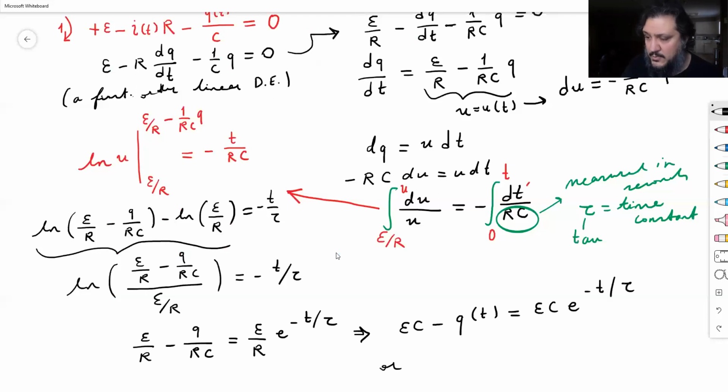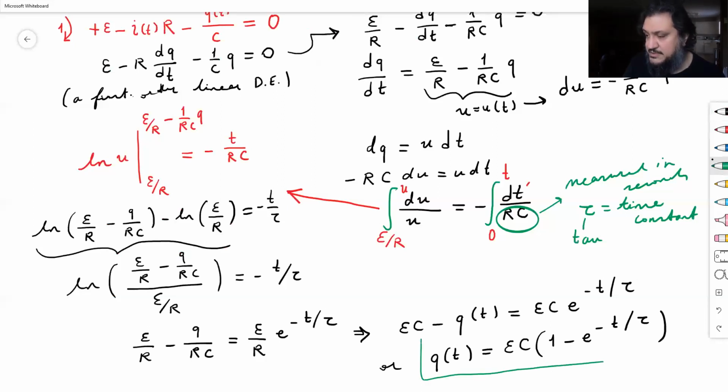Or if you isolate Q, you will get E times C, and move that term to the other side, 1 minus e to the power negative t divided by tau. All right, so this is our formula, which will give us the charge at any time.